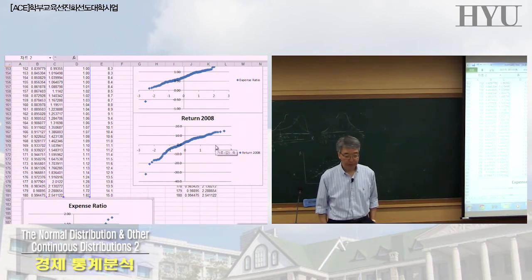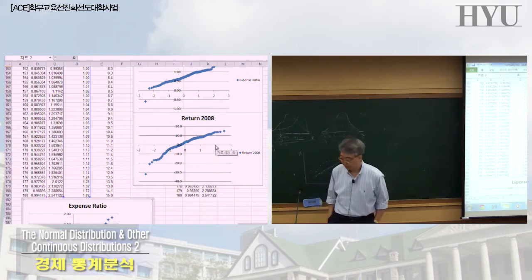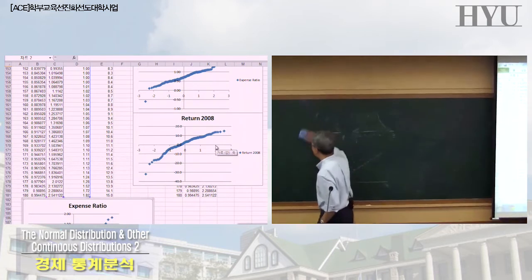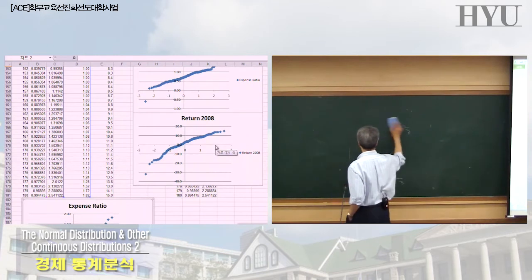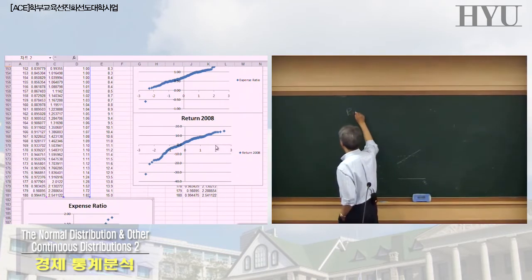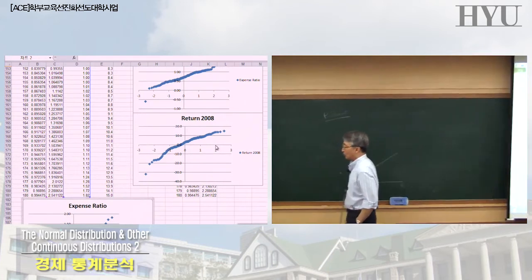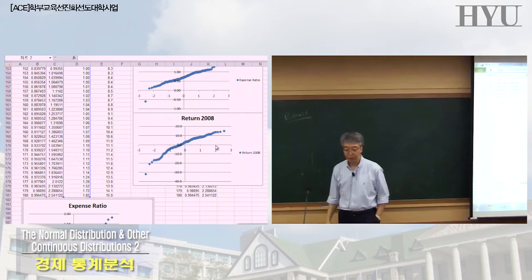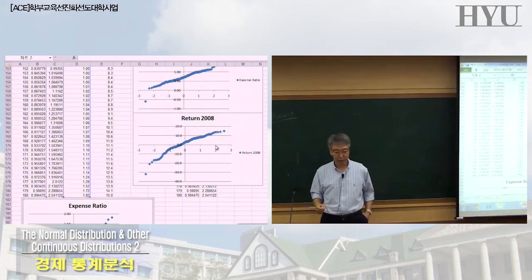So it depends on the kind of analysis or test you are trying to do. Some tests are robust. Robust means you don't have to satisfy all the assumptions, all the conditions, and the test conclusion, test result is still valid.